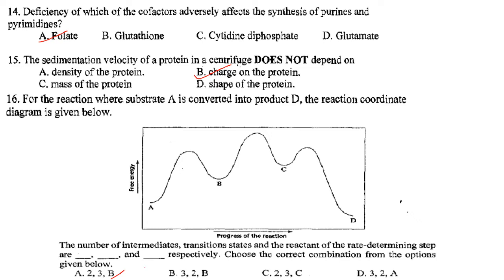Then for the reaction where substrate A is converted into product D, the reaction coordinate diagram is given below. The number of intermediates, transition states and the reactants of the rate determining step are dash dash dash dash respectively. Choose the correct combination from the options given below.